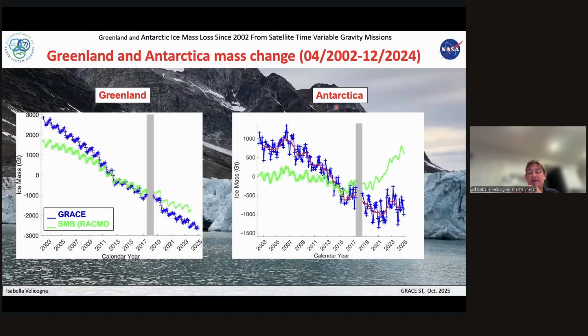Okay, so I'm going to walk you through the change in mass since 2002 from GRACE for Greenland and Antarctica, and then to interpret, I'm comparing with SMB. Greenland shows in 2012 and 2019 two big increases in mass loss.